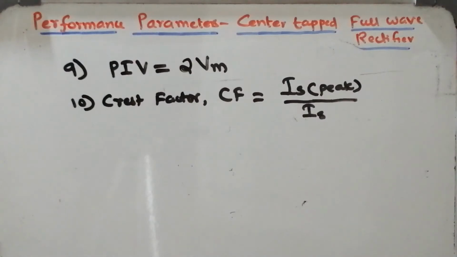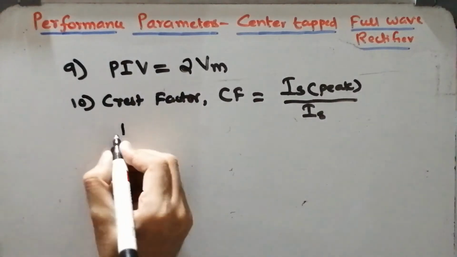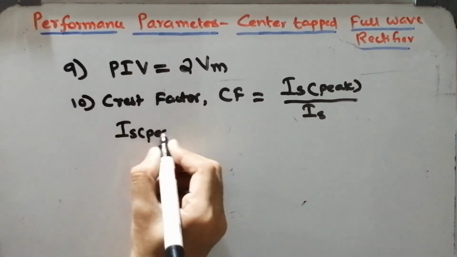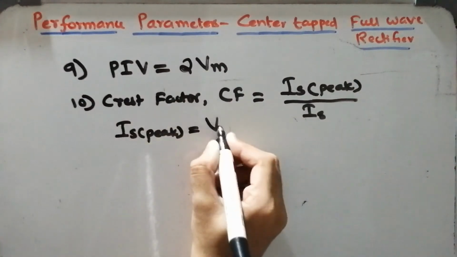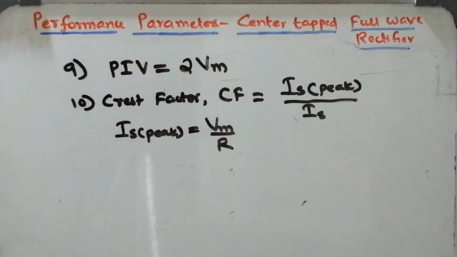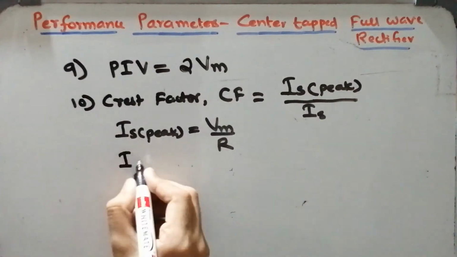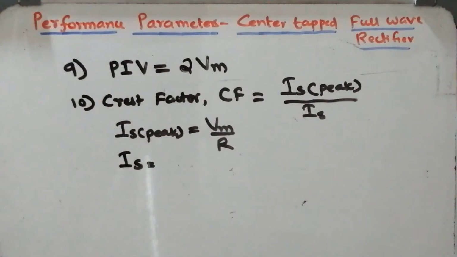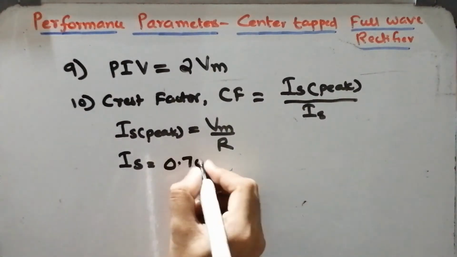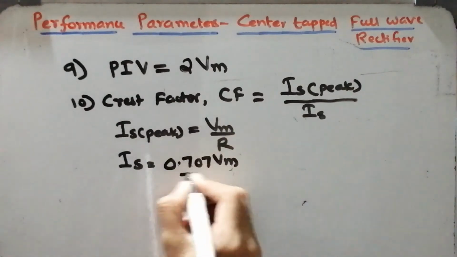How to calculate the IS peak? IS peak is nothing but Vm divided by R. Similarly, what is IS? IS is nothing but 0.707 Vm divided by R.